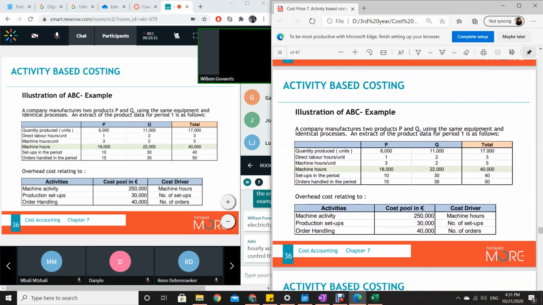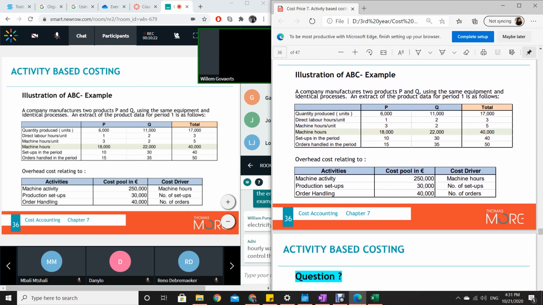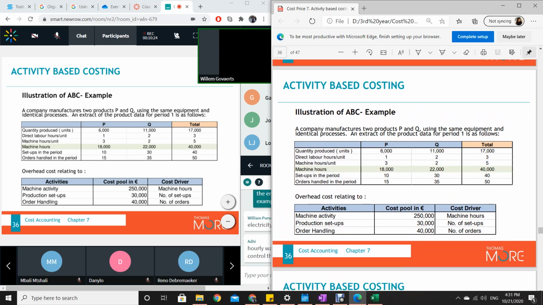And then for Q, you've got to do 30 setups. Afterwards, you know that you have 15 orders handled, and here you have 35 orders handled for Q. So this is the information you get, and it's important to always make the totals.